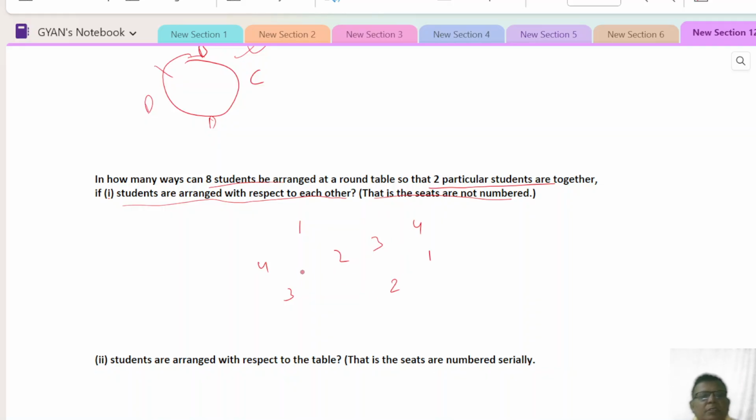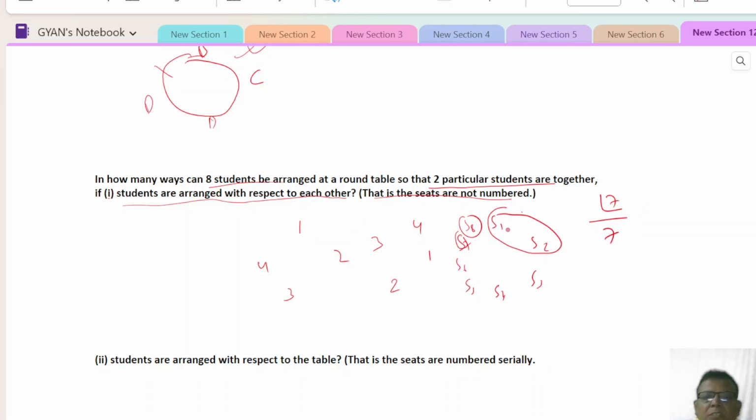These are same. So what we'll do? 8 students are there: S1, S2, S3, S4, S5, S6, S7, S8. So S1 and S2 will be together only. So total entities will be 7, and so factorial 7 divided by 7.